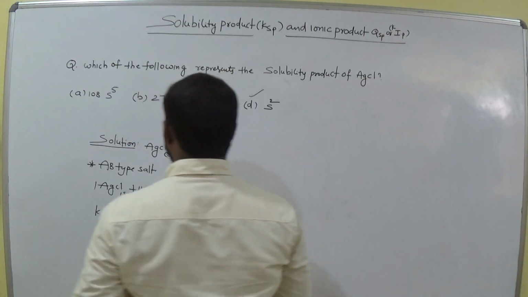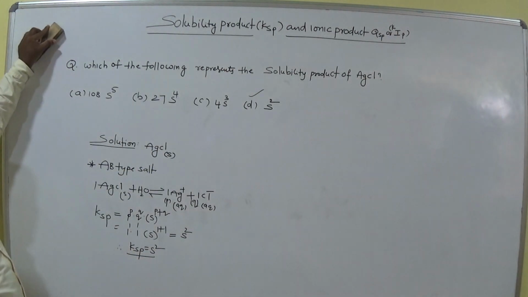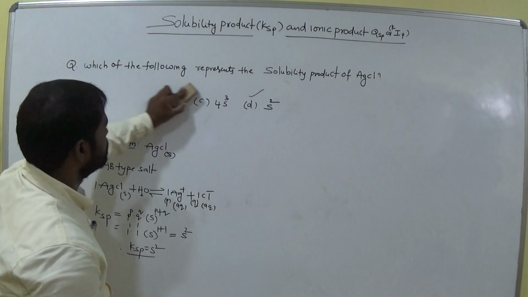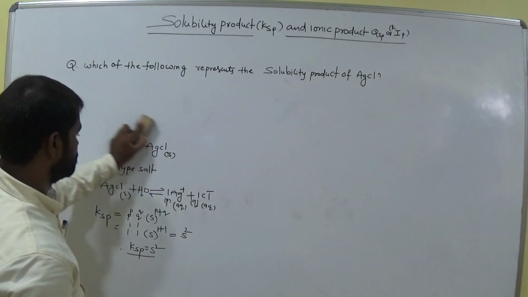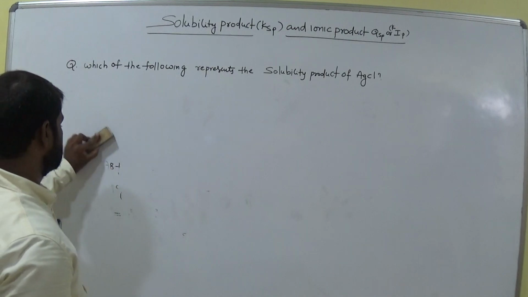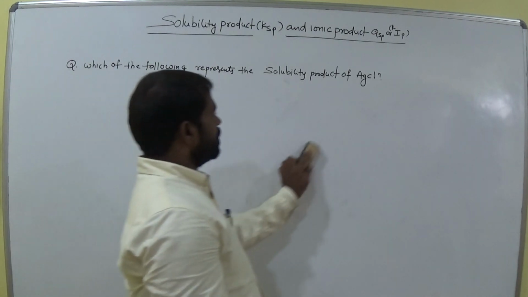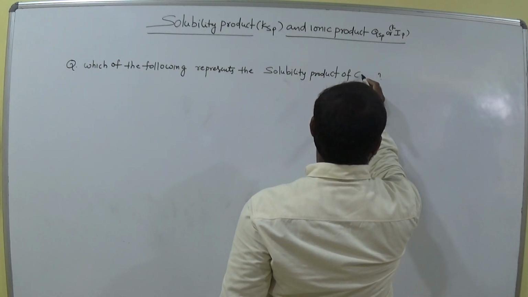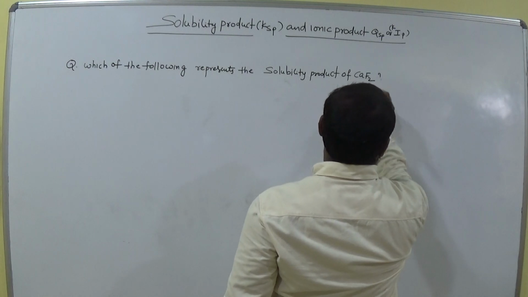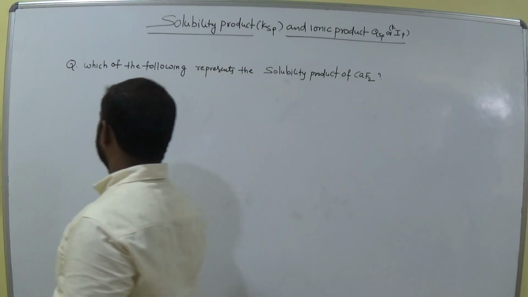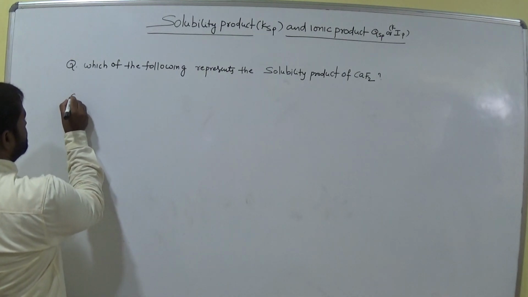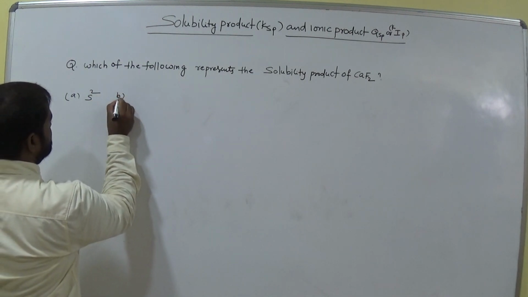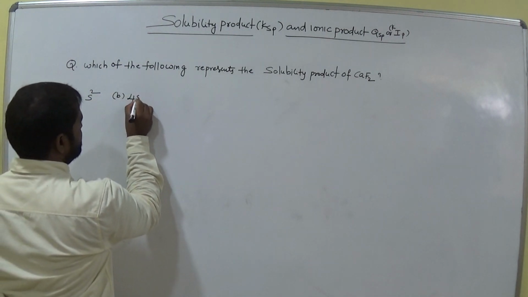Next, go to the second question. CaF2. Option A, S square. Option B, 4S cube.